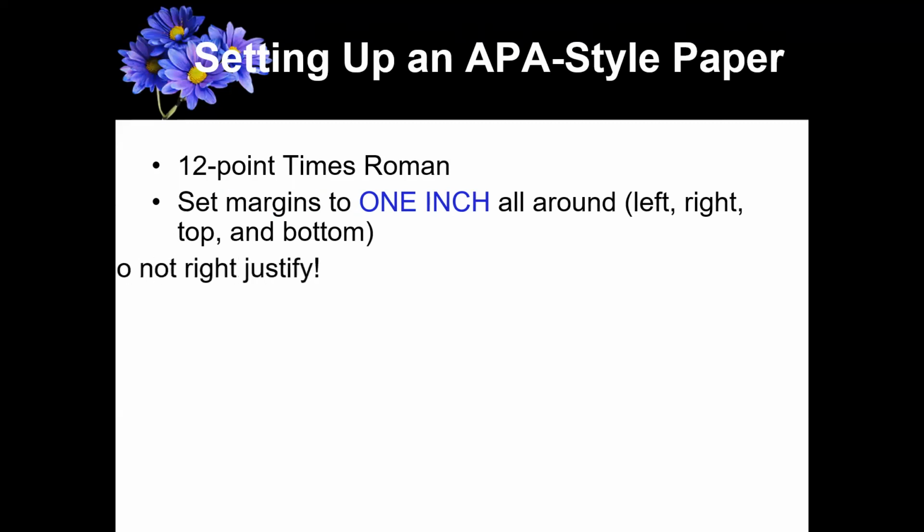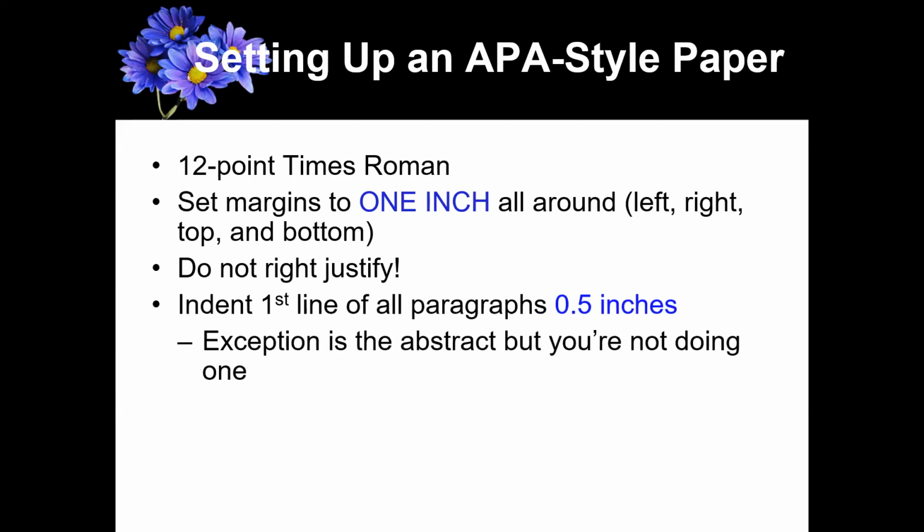Also, don't hit right justify. Each paragraph should be indented. The first line should be indented half an inch. If you're working in Word, a lot of these might be set, but you definitely want to double check them, make sure this is working.